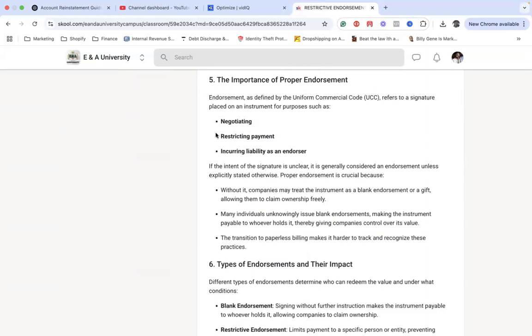If the intent of the signature is unclear, it is generally considered an endorsement unless explicitly stated otherwise. So you want a proper endorsement because it's crucial, right?